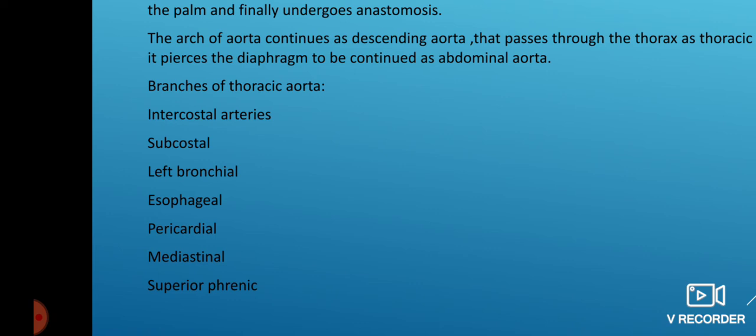After the diaphragm, we have to move to the abdomen. So up to the diaphragm, the thoracic aorta is supplying. So these are the different structures supplied by the thoracic aorta by giving its branches: intercostal, subcostal, left bronchial, esophageal, pericardial, mediastinal and superior phrenic.